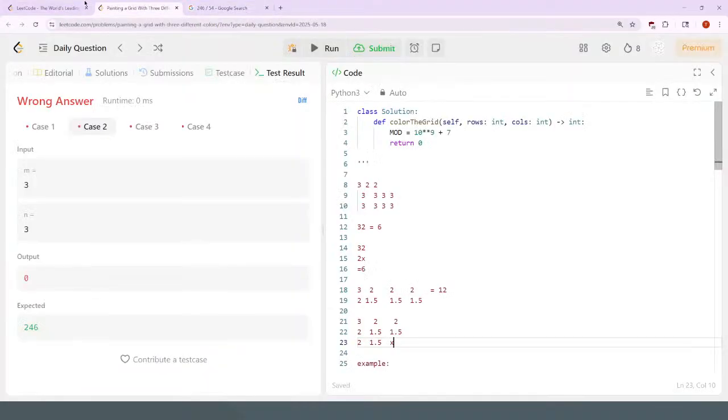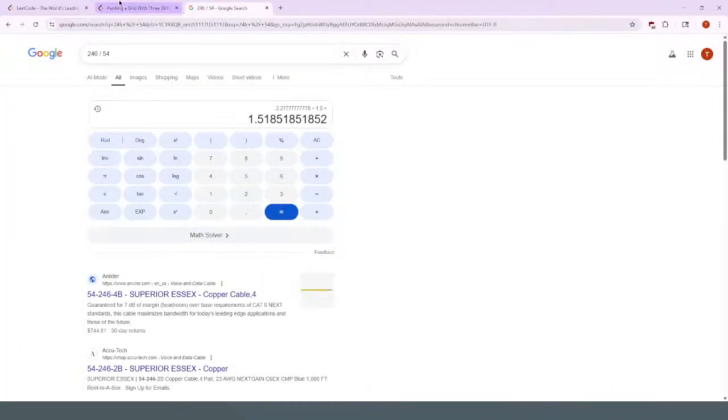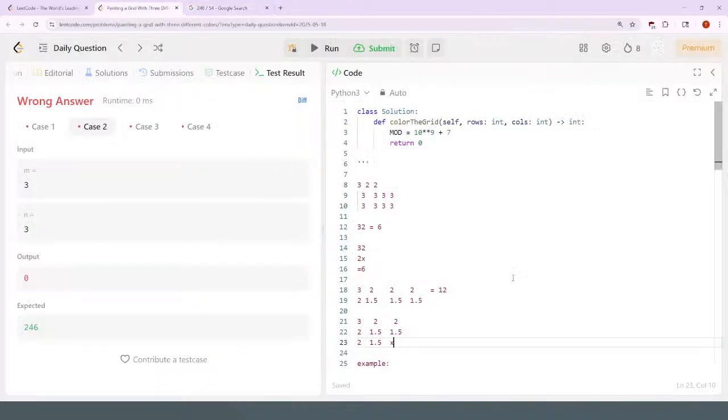Okay. Yeah. This is not a fruitful way of thinking about this, I don't think. But in theory, that is the number. It'd be 1.5, 1.52 approximately. So if I multiplied all those, I should get 246, I think. Let me just verify that.